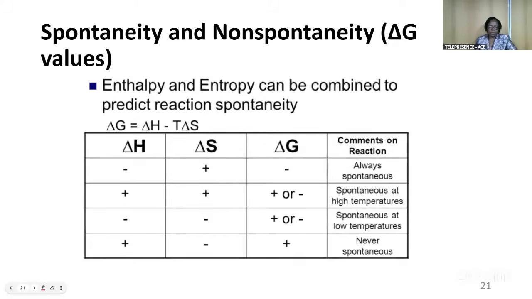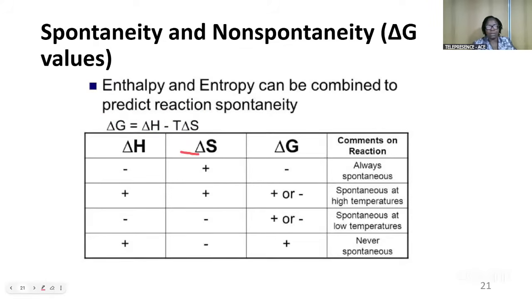So how do we also apply this? Spontaneity and non-spontaneity of a reaction depends on delta G value. So this table summarizes what to expect. If delta G is equal to delta H minus T delta S, then the signs of delta H and delta S are important. And don't forget temperature. In some cases, you will find T delta S being considered there, so the sign may be different. But I already explained that in the previous slide, and that is why I'm not using that table here.